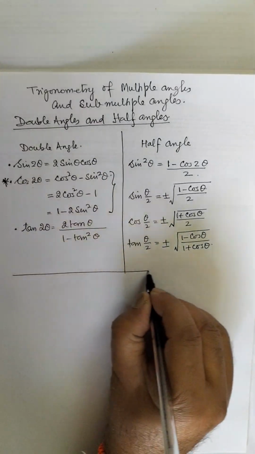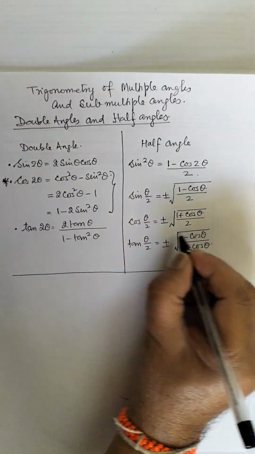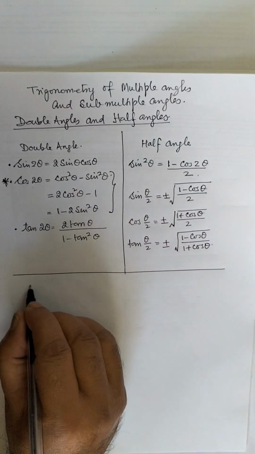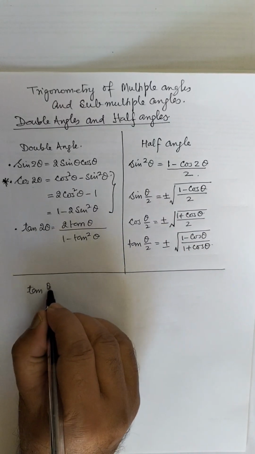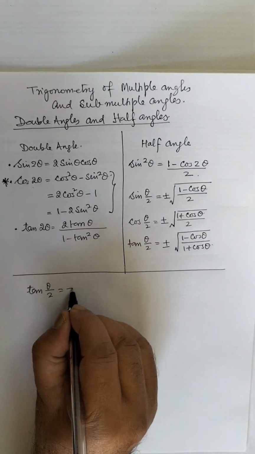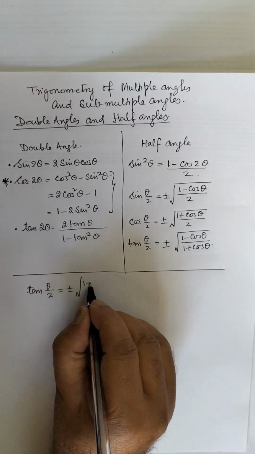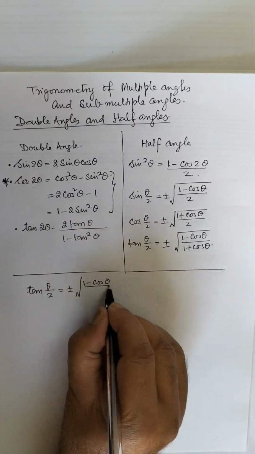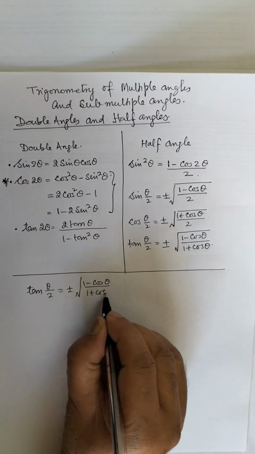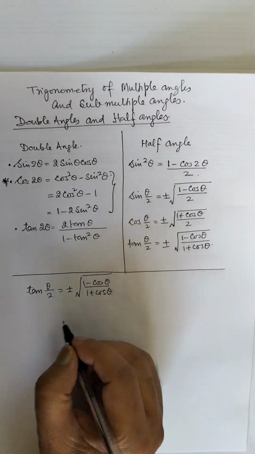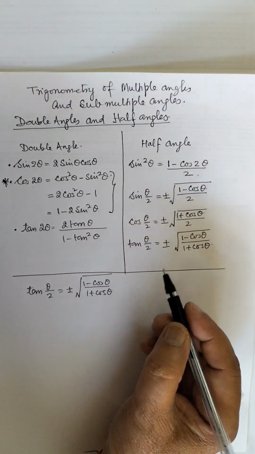Now let us see this formula a little bit in detail. Tan theta by 2 is plus or minus under root of 1 minus cos theta upon 1 plus cos theta. This is what we have from above.